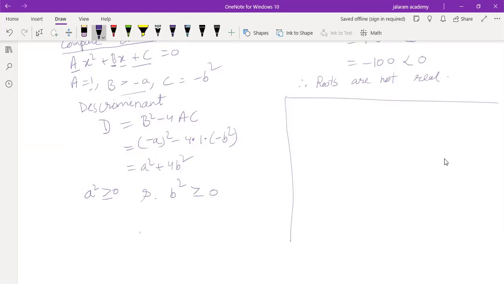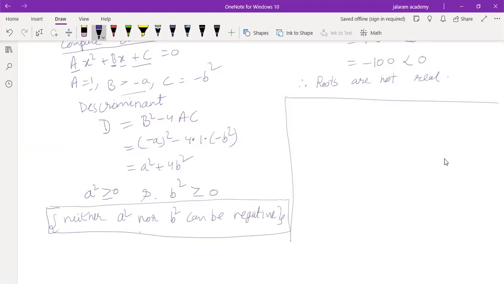Means it cannot be negative. Neither a square nor b square can be negative, and it means that either they are positive or they are equal to 0.